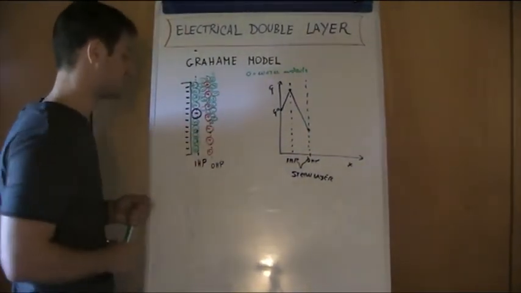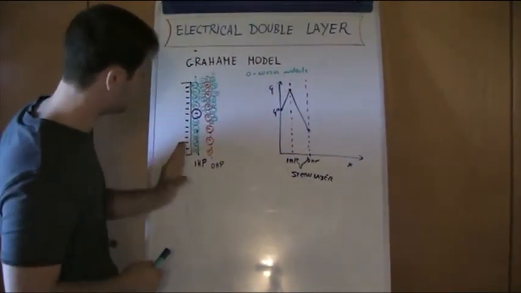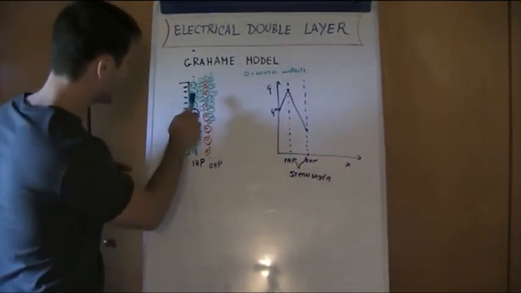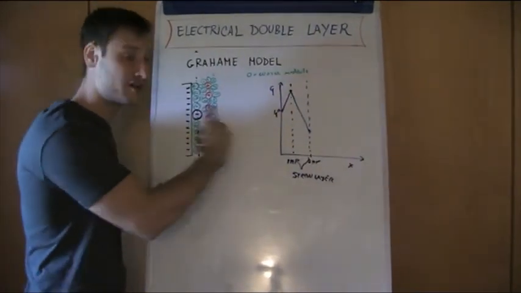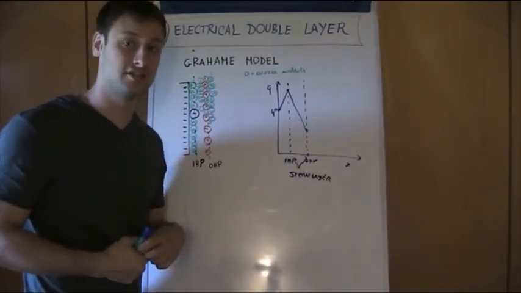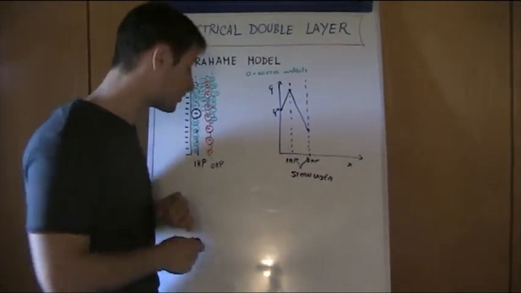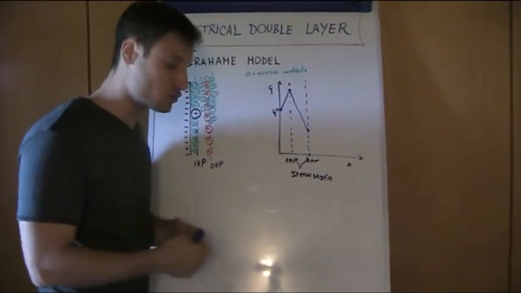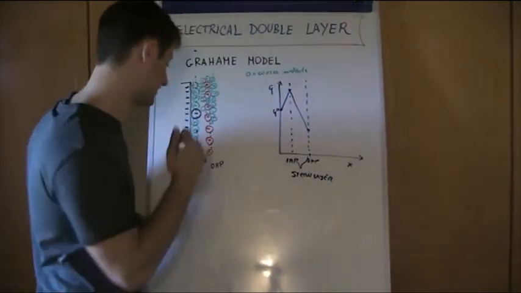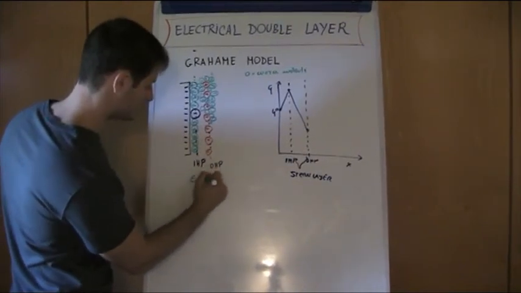And what is interesting is that on the inner Helmholtz plane we have the presence of oriented water molecules that are not involved in a solvation process. And for this reason, since we have a huge orientation under an electric field, the permittivity here is low.